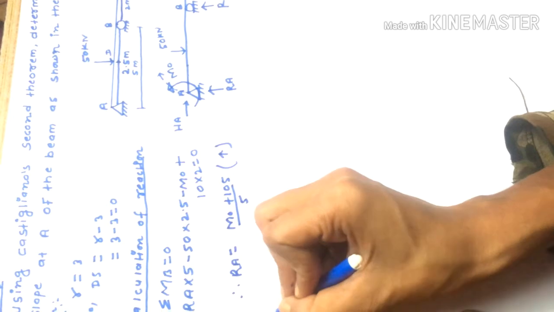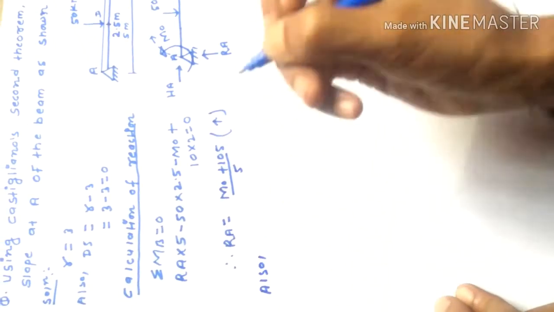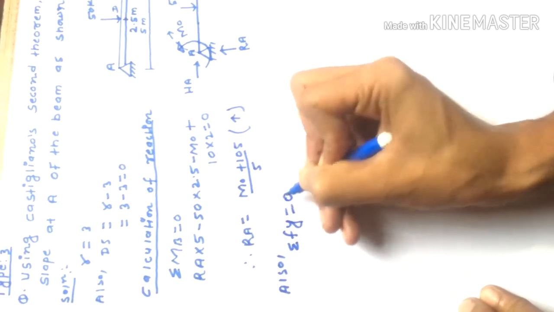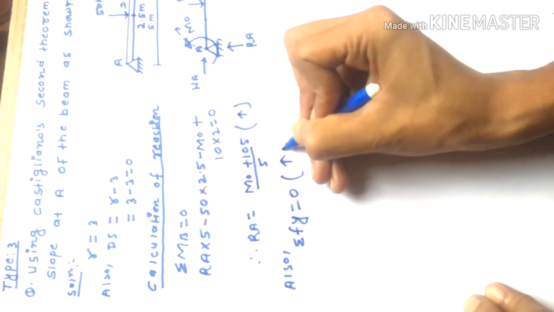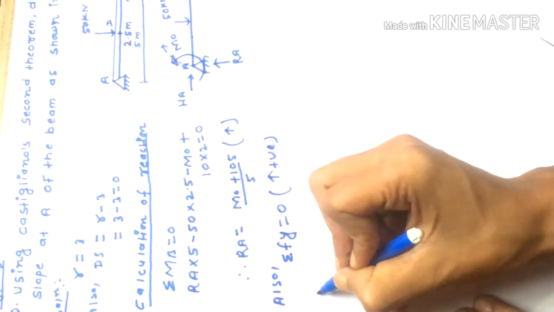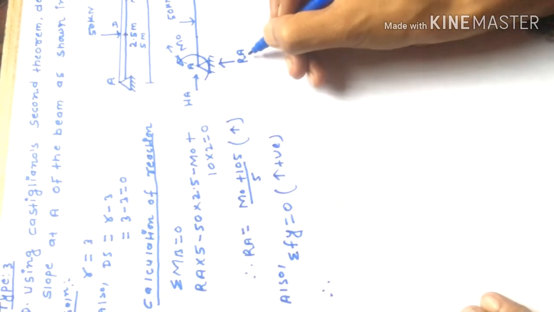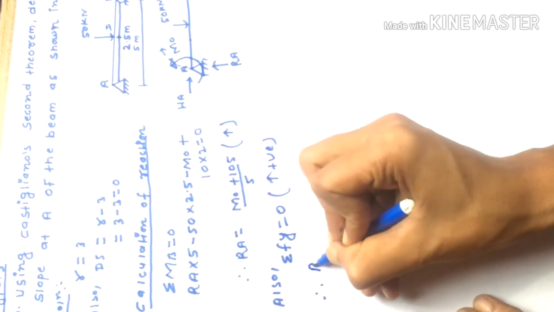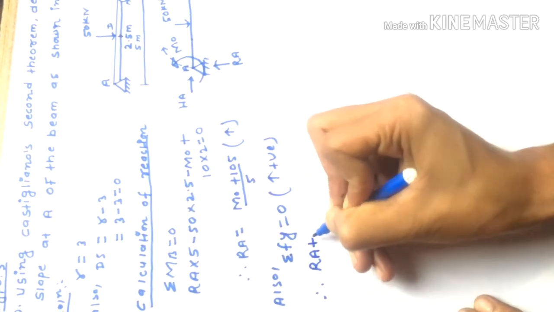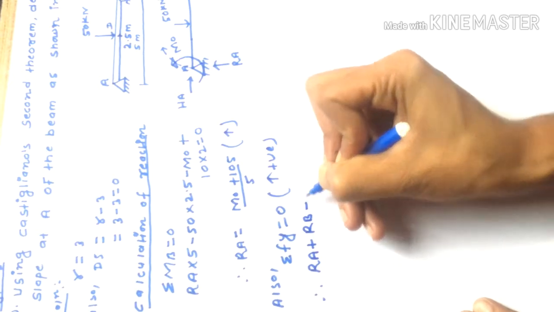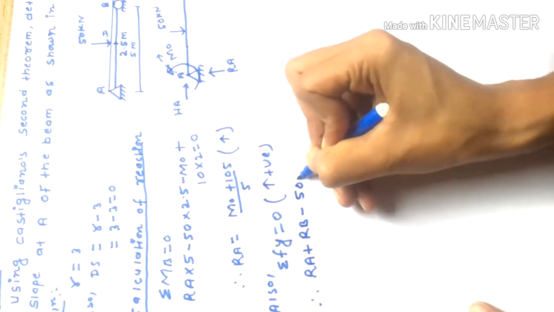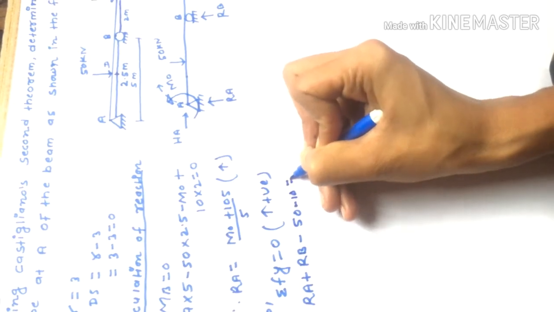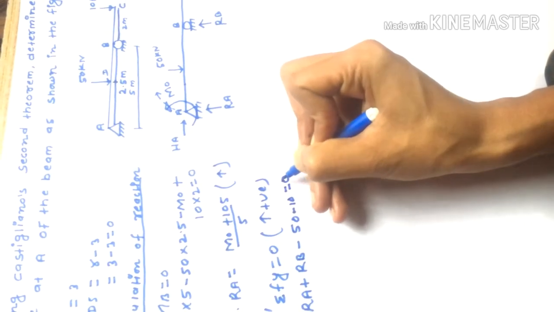Also another available equation of equilibrium that we have is summation of Fy is equal to 0. Take upward direction as positive. So here in the figure we can see RA is acting in upward direction, so let us take it as positive. RA plus RB minus 50 minus 10 is equal to 0.